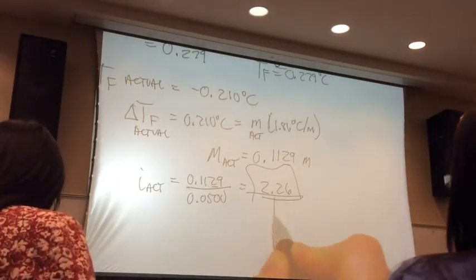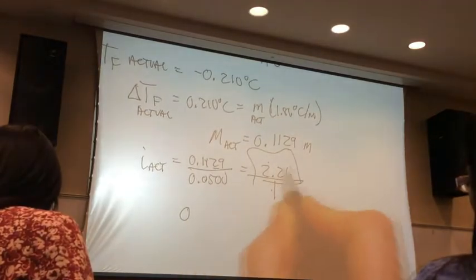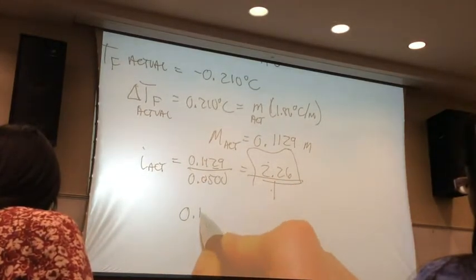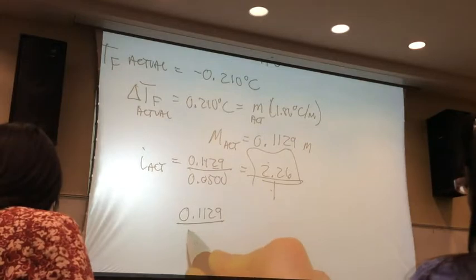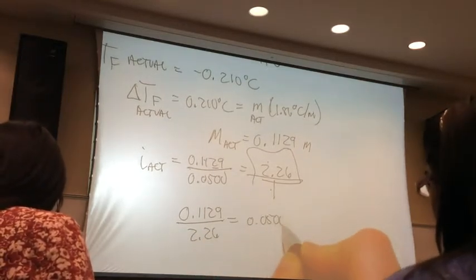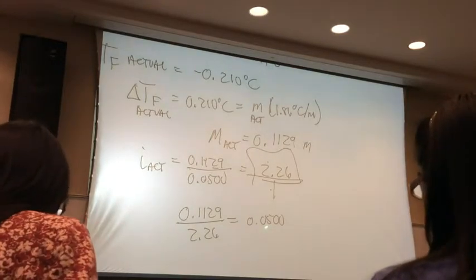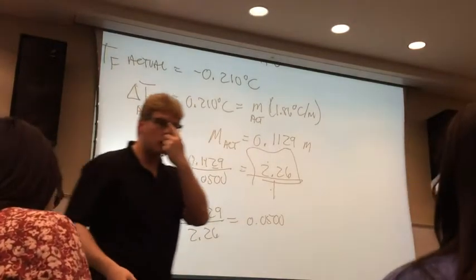So think of this being over 1. This times this equals this times this. So I can switch these positions, and I can say 0.1129 divided by the Van Hoff factor equals 0.05. Okay? So what we were trying to calculate was the undissociated concentration.